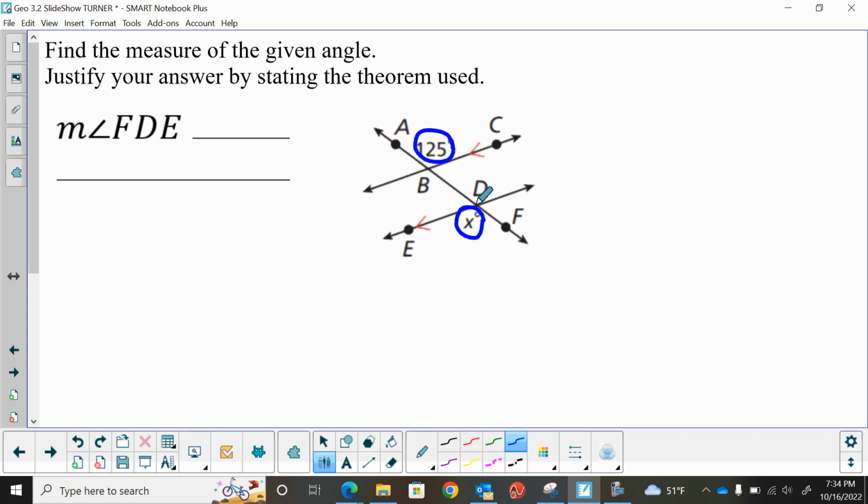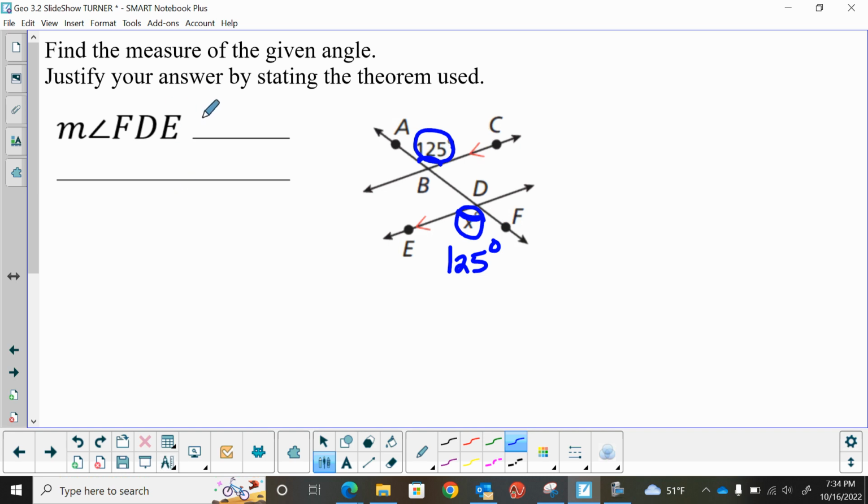If you notice their relationship, they are alternate exterior angles. And by the alternate exterior angles theorem, they are congruent. So if angle ABC is 125 degrees, then angle EDF is also 125 degrees.